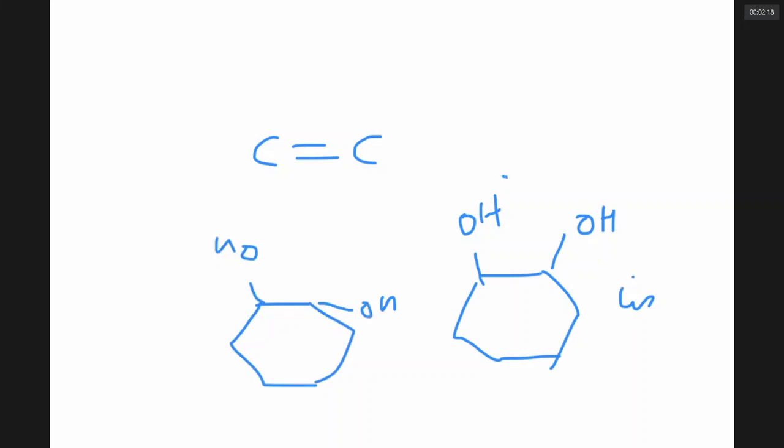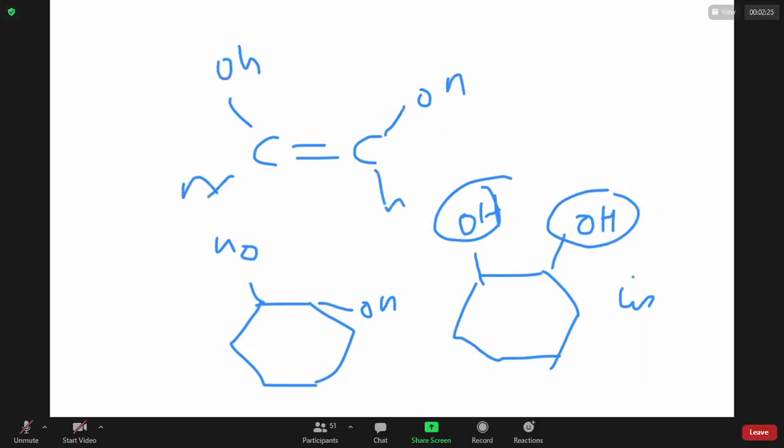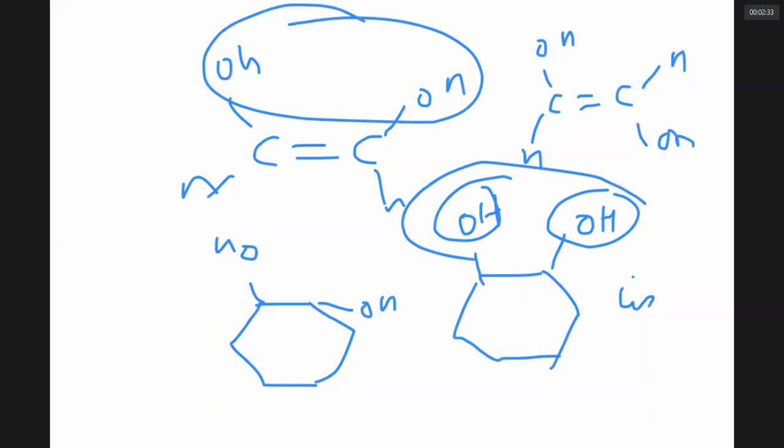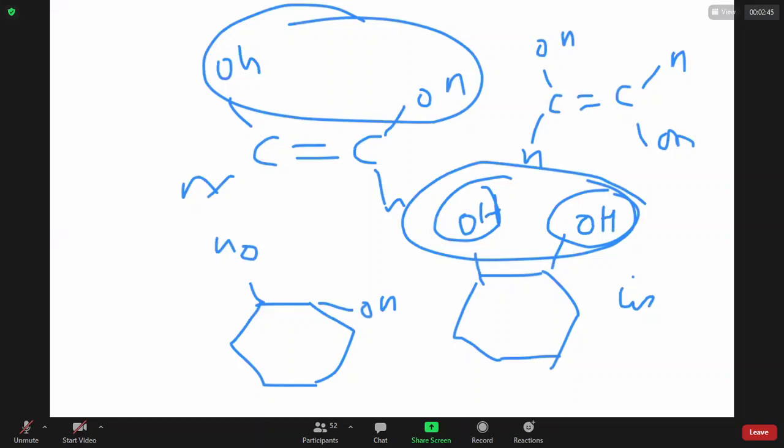Only cis diols, even if there is a double bond, cis or trans. So the cis diols, where two OH groups are on the same side, they can react with ketones and lose water to give acetals. That reaction is useful to identify cis diols.